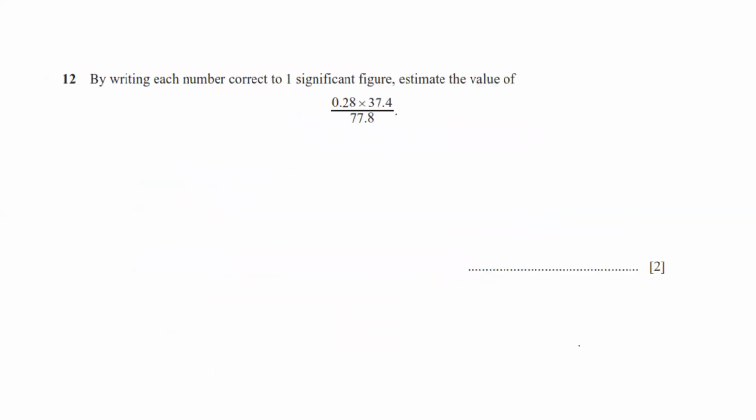Next, question number 12. It says by writing each number correct to one significant figure, estimate the value. So with this problem, what is the one significant figure of 2.8? If I write it, it would be 3. What is the one significant figure of 37.4? The nearest is 40, only one digit. Then 77.8, the nearest is 80.